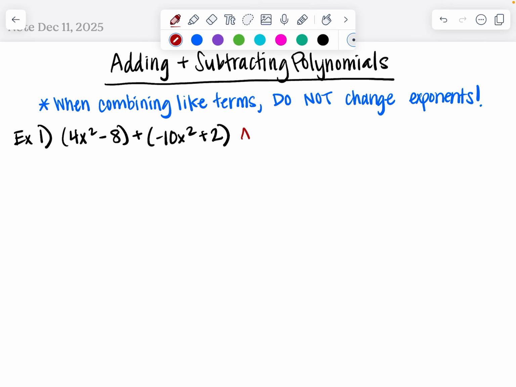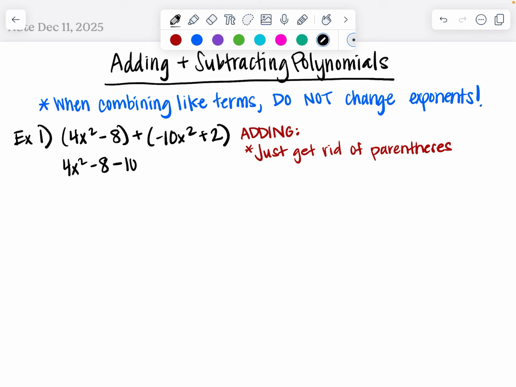So for adding, just get rid of the parentheses. Right, so let's rewrite this with no parentheses. Instead of plus negative 10x squared, we'll just make this minus 10x squared.